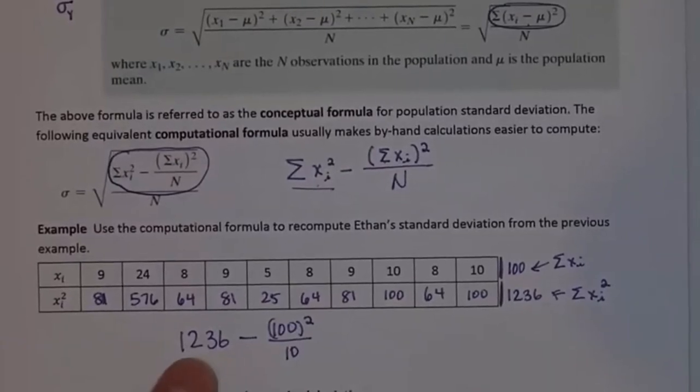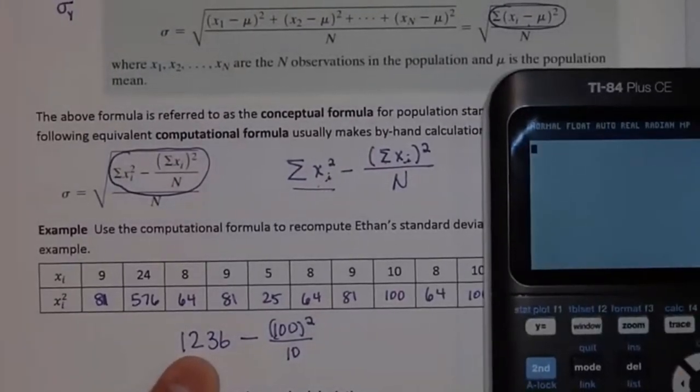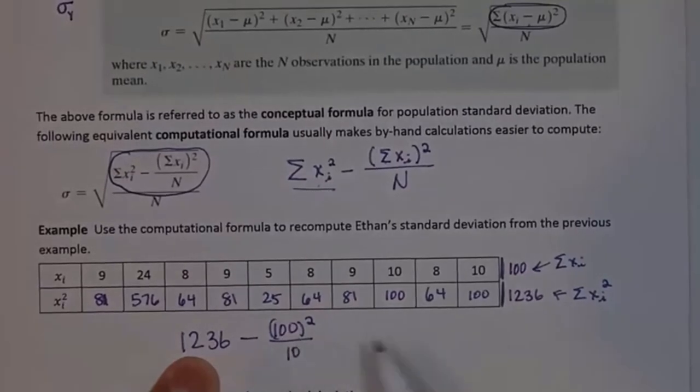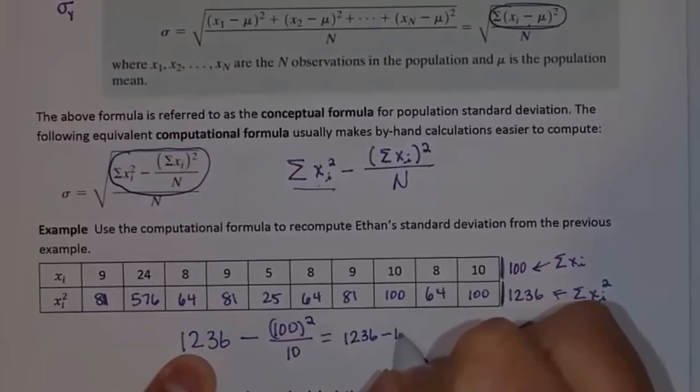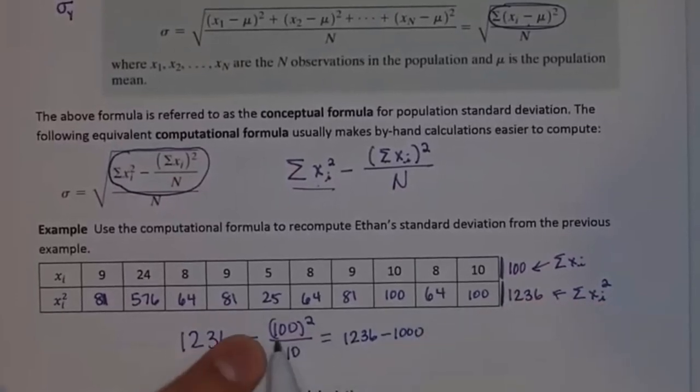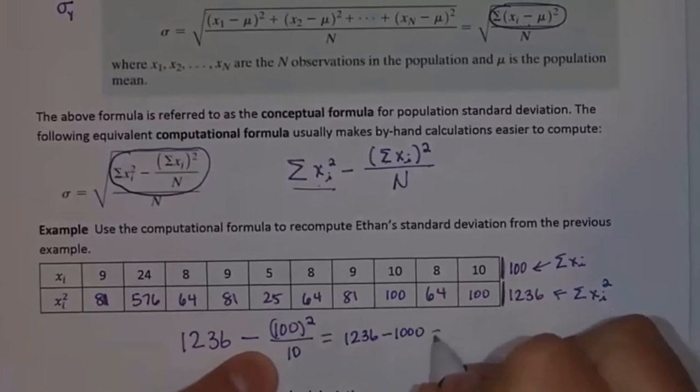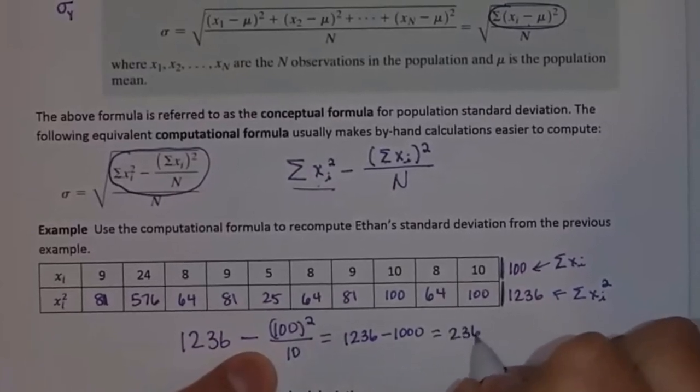So if I do that, well, let's do this first. 100 squared is 10,000. And 10,000 divided by 10 is 1,000. So this is going to be 1,236 minus 1,000, again, because 100 squared divided by 10 is 1,000. So that is 236.